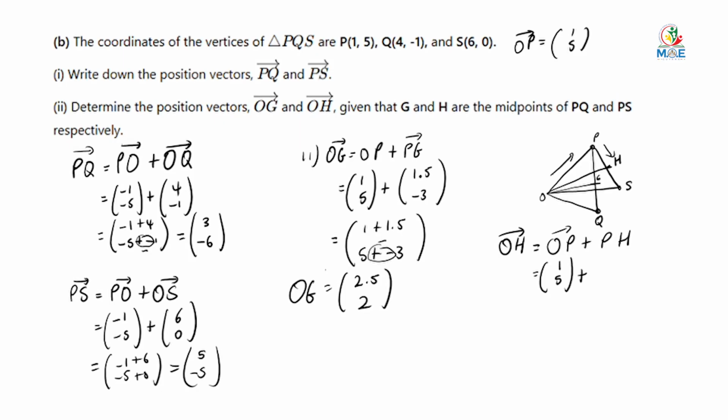We know PS is (5, -5), so half of this would be (2.5, -2.5). So this would be 1 plus 2.5 and 5 plus -2.5. 1 plus 2.5 would give us 3.5, and 5 minus 2.5 would give us 2.5. Hence, this would be the vector OH, (3.5, 2.5).